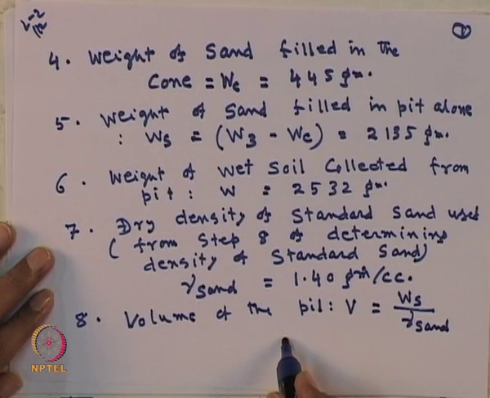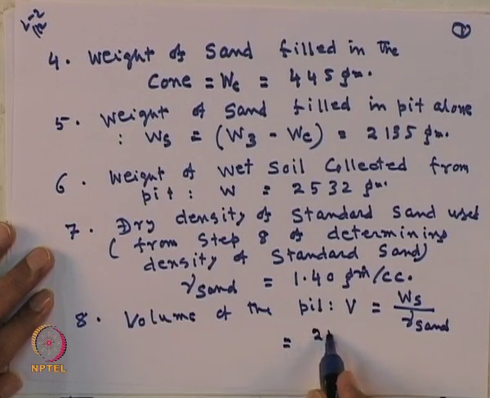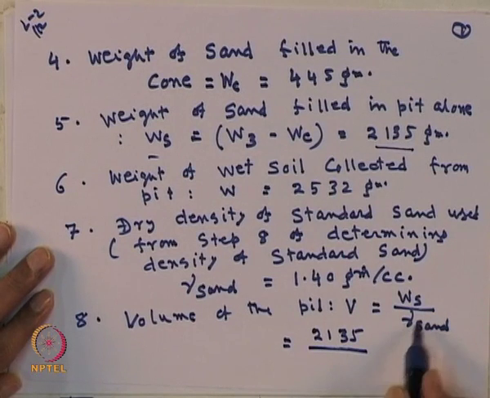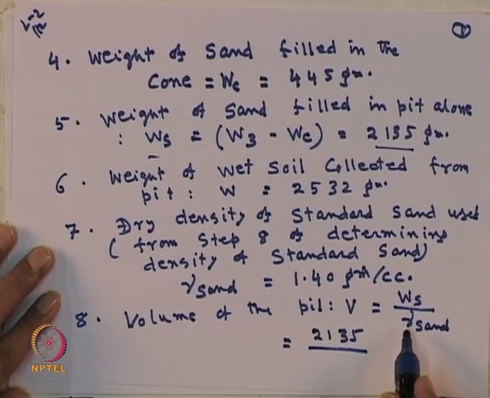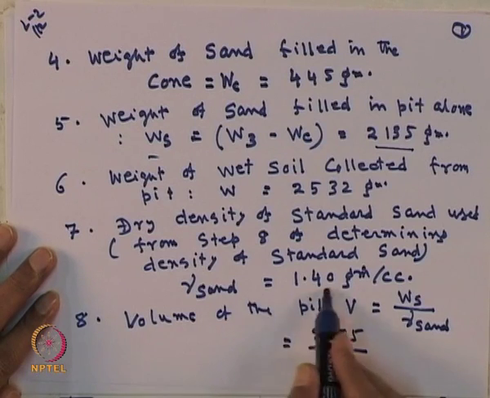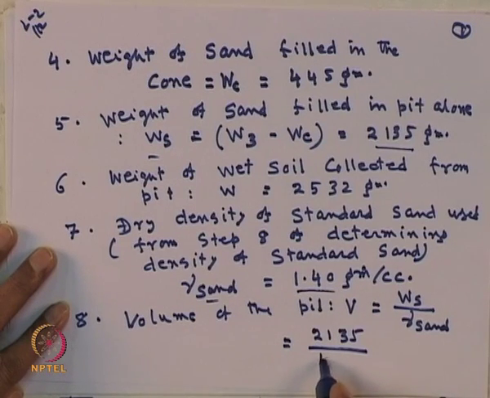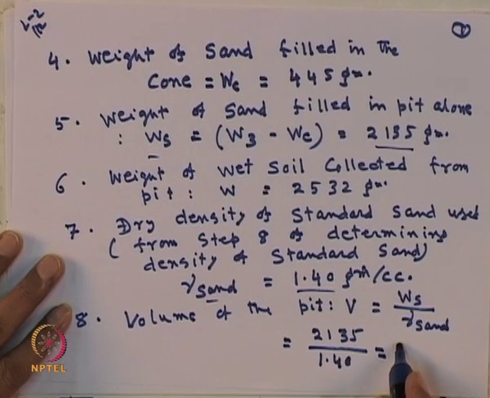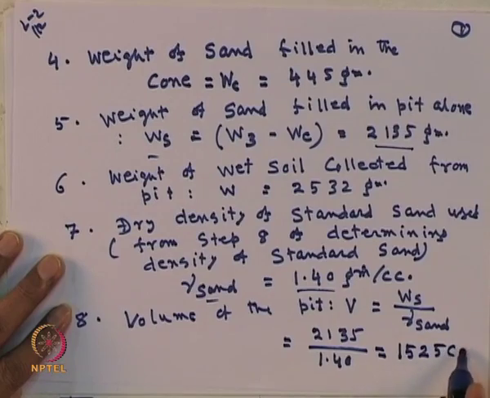That means Ws is equal to 2135, divided by gamma of sand, and gamma of sand is 1.40. So, this will give the volume of the pit, about 1525 cc.